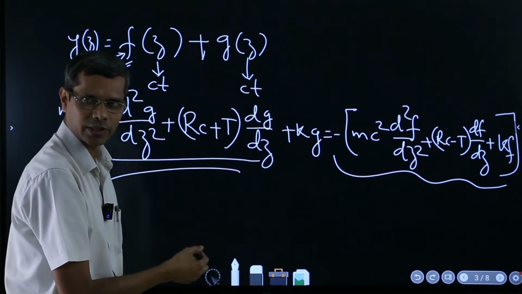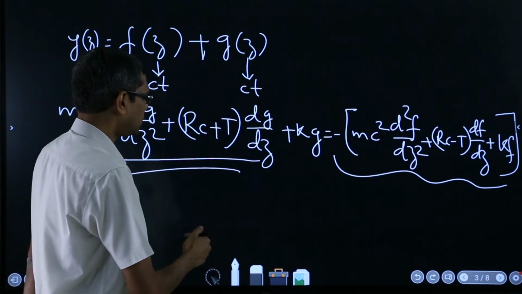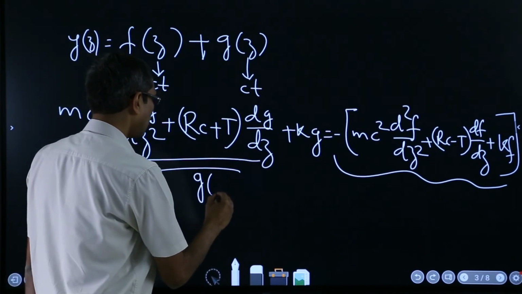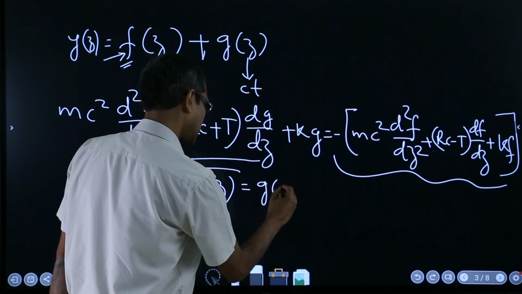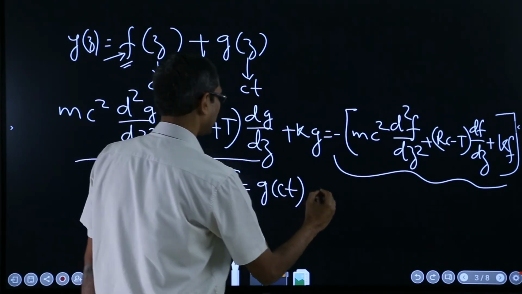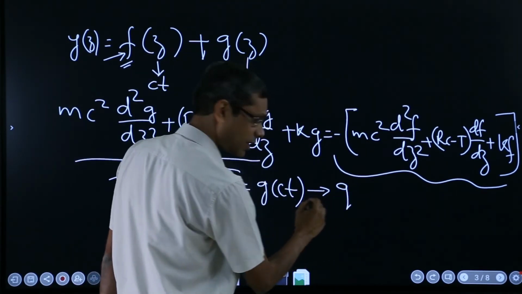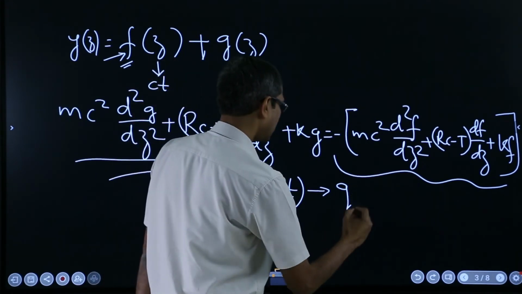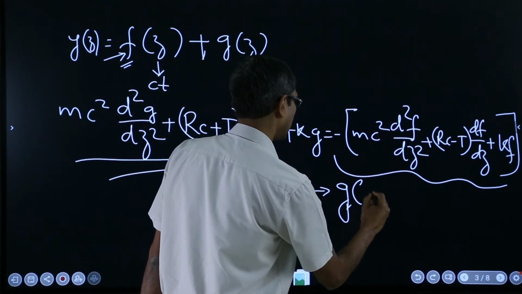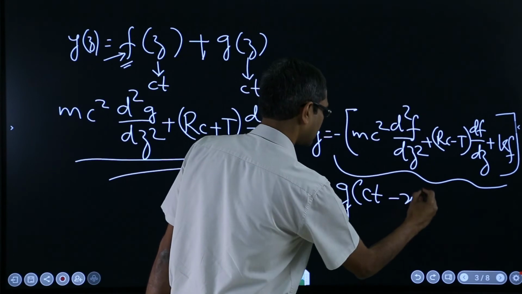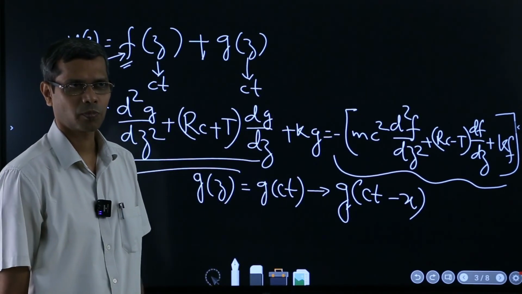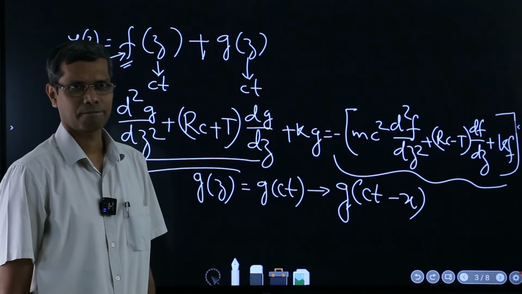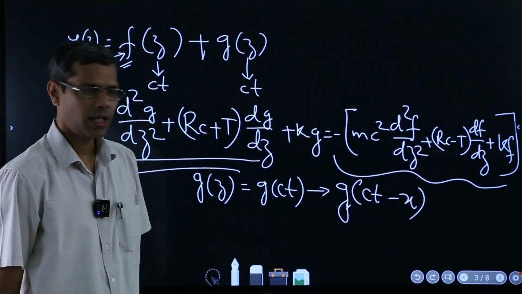If you can solve for this, then you know the function g of z, which means g of ct, and then you can write from here, just replace g with ct minus x, and that will be the way with which it will move forward, right.